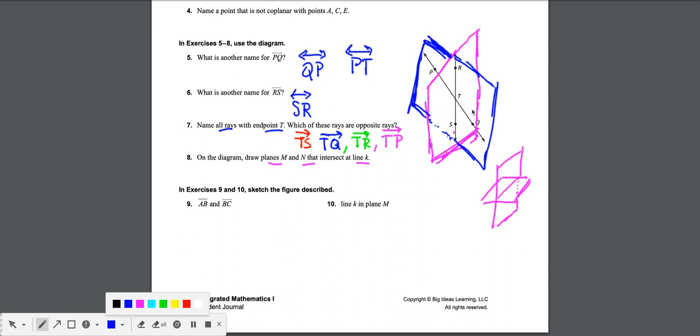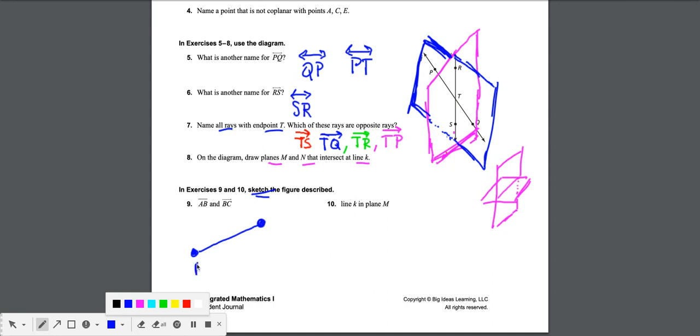But drawing it on paper, we haven't been trained to do that. It's goofy when it asks you to sketch these. See if you can sketch some of these easier ones. Here's line segment AB. Your drawing could look different than mine, and that's okay.